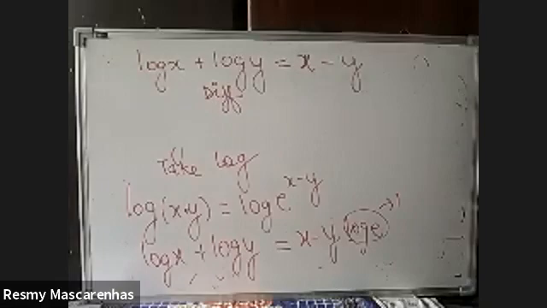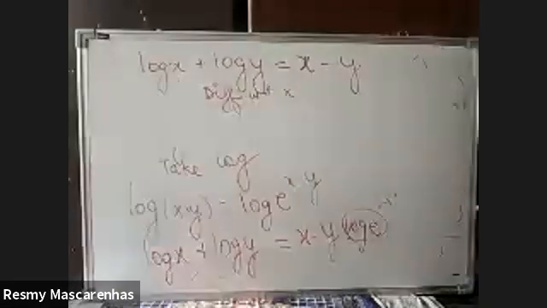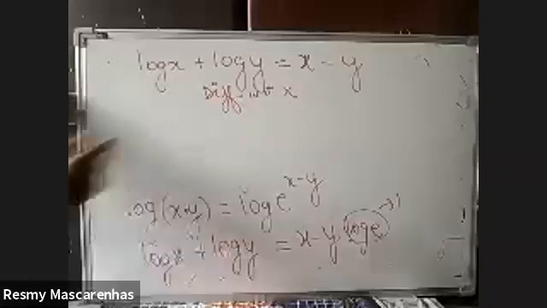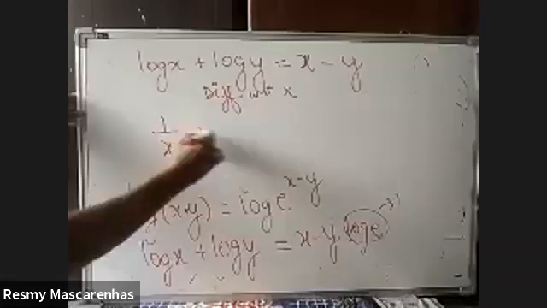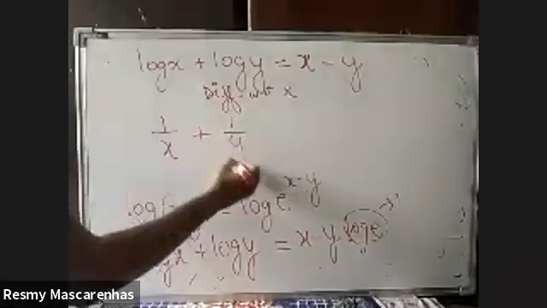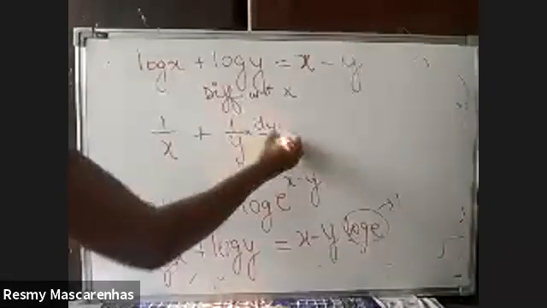So when you differentiate with respect to x, the derivative of log x is straight away 1 upon x. Plus the derivative of log y will be 1 upon y, same like x, but because it is y, extra dy by dx.